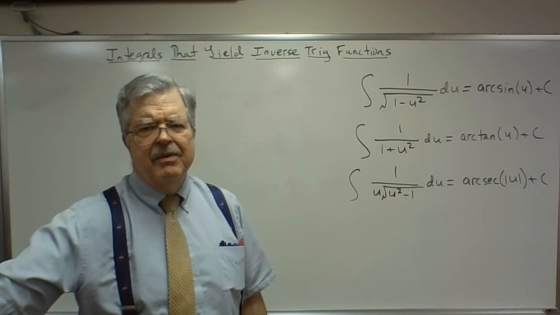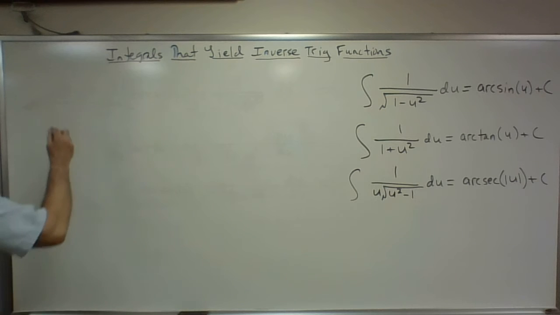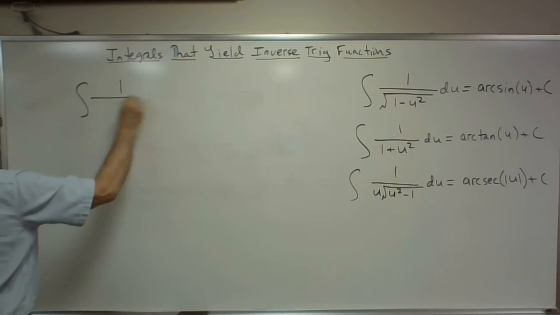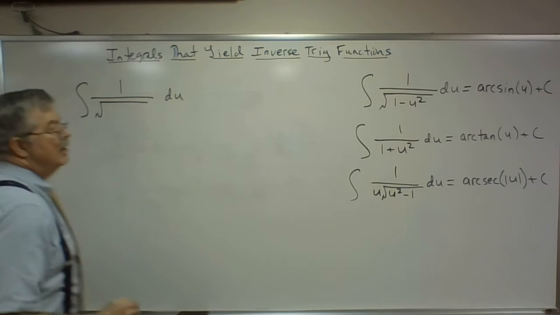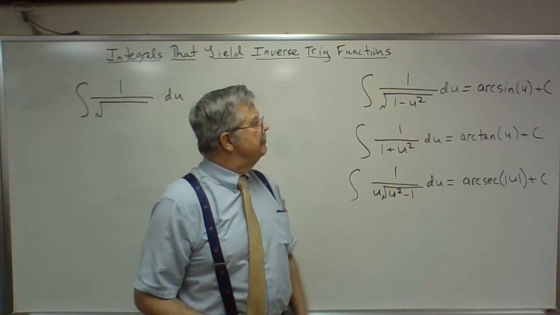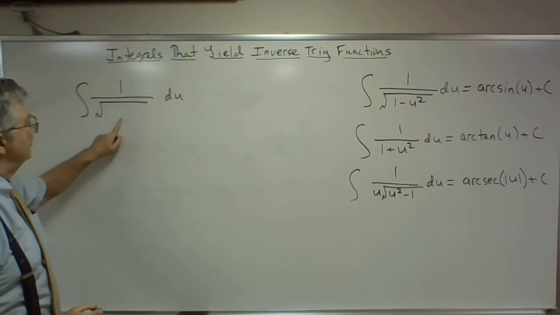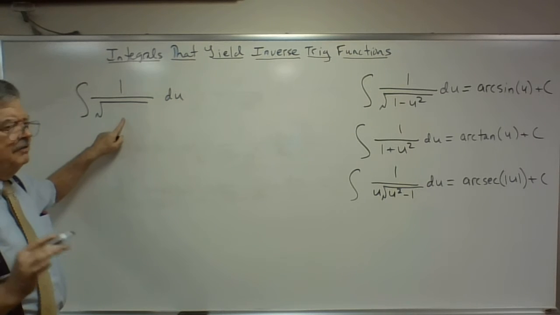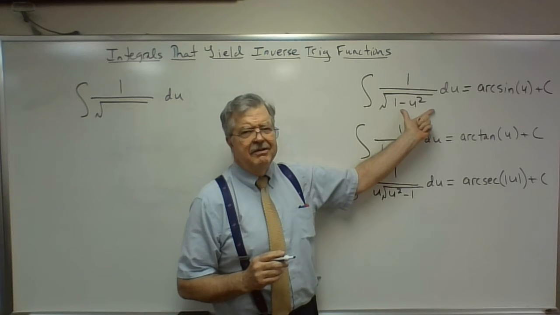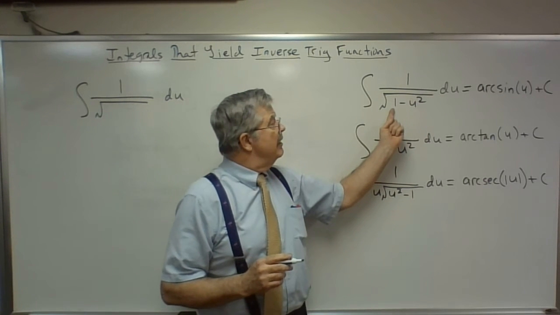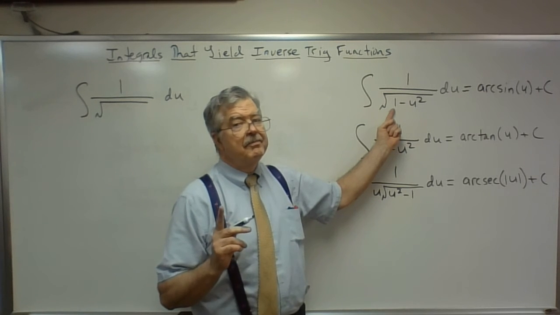Well, what would such a formula look like? Instead of computing the antiderivative of 1 minus u squared under the radical, let's just generalize things, because we may have something that looks kind of like this that we want to integrate, but maybe this thing right here isn't 1.